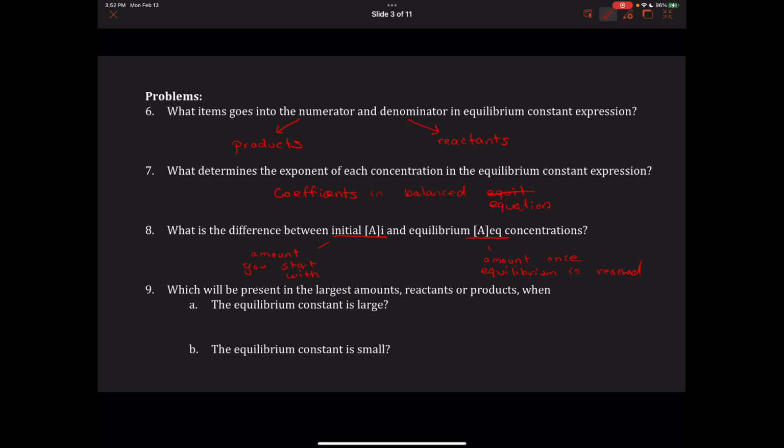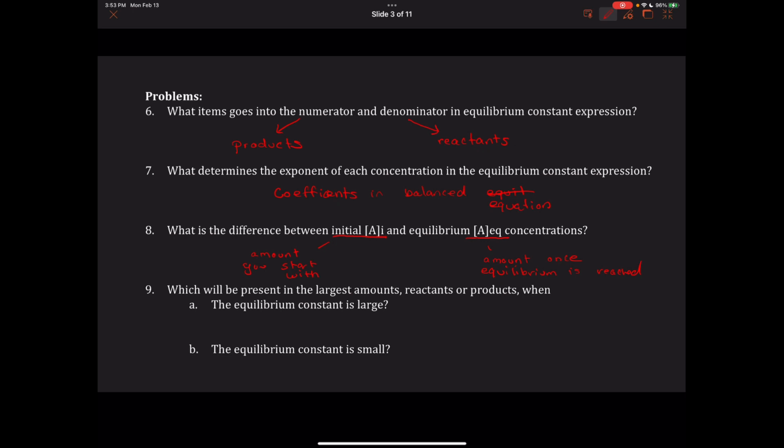Now, we said this is going to give us an indication of how our product concentrations relate to our reactant concentrations at equilibrium. If our K value is large, we're asked what would be present in the largest amounts, the reactants or products. So you think about when we're dividing things, if the value I get is large, that usually means I'm dividing by a much smaller number.